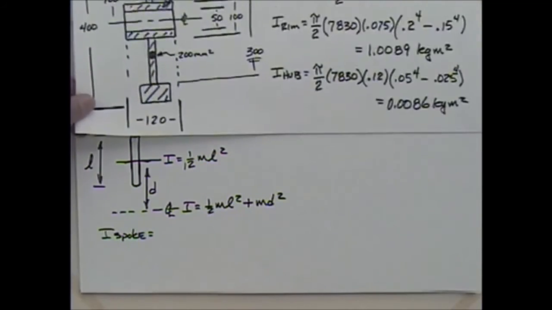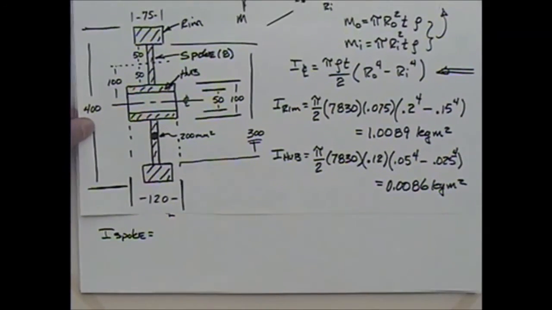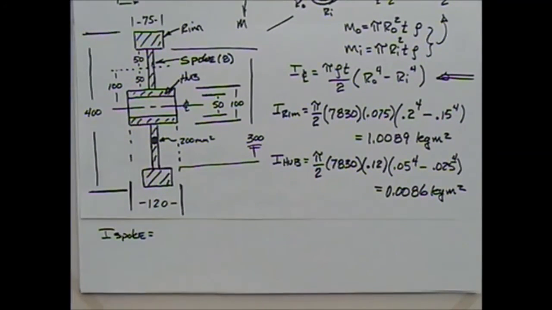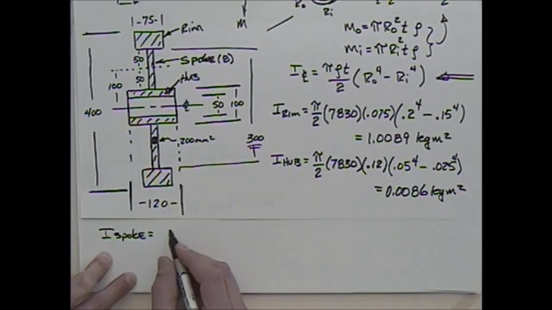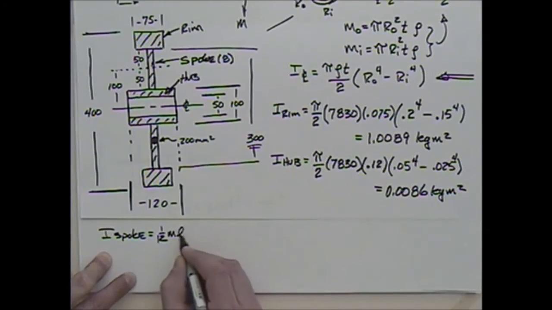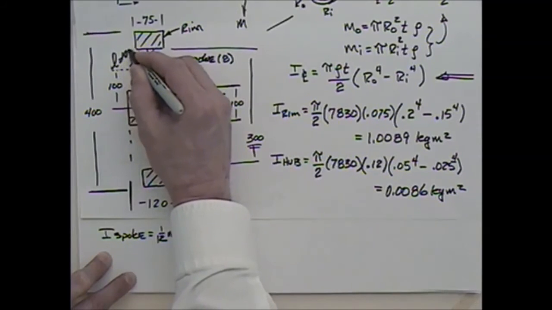So let's look at that in our problem. We have 1/12 ml squared plus, what's the length on this thing? I mean, that's 100, isn't it? If I take 50 and 50, L would be equal to 100.